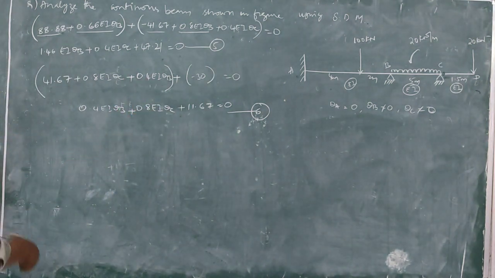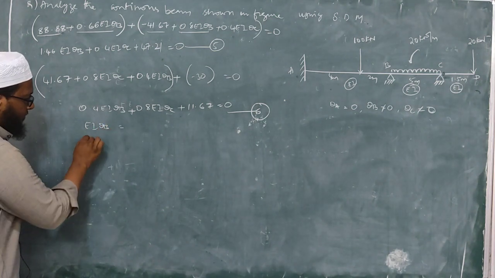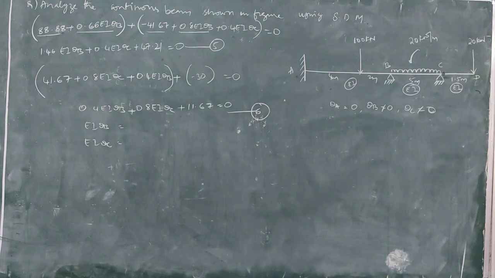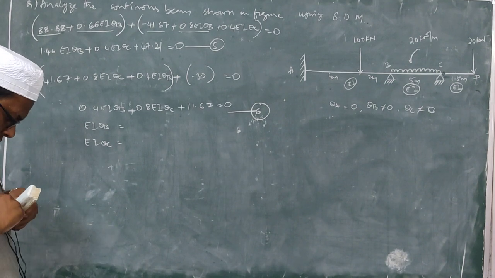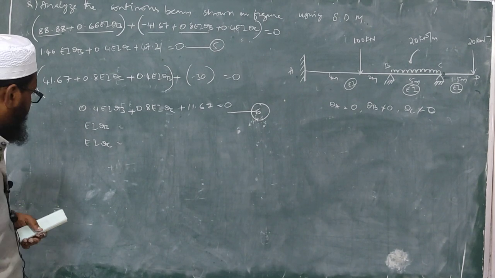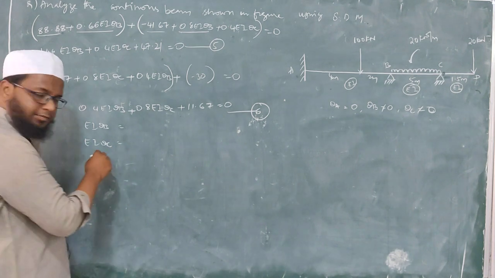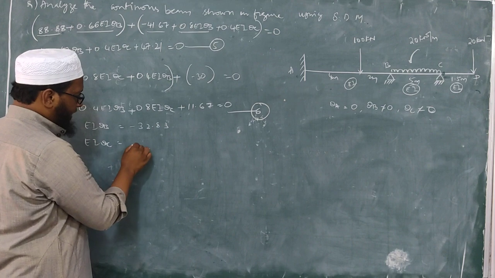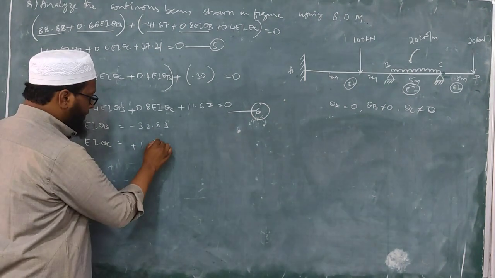So directly you will get the value of EI theta B, then EI theta C. Okay, can you calculate that for me? So you got EI theta B is how much? Minus 32.83 and plus 1.83.